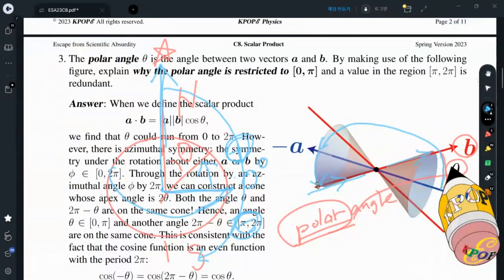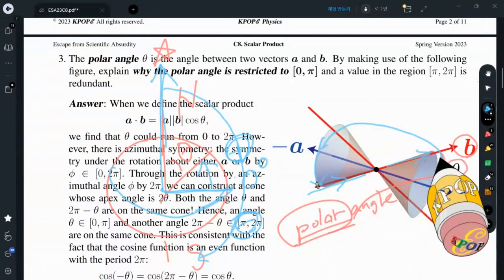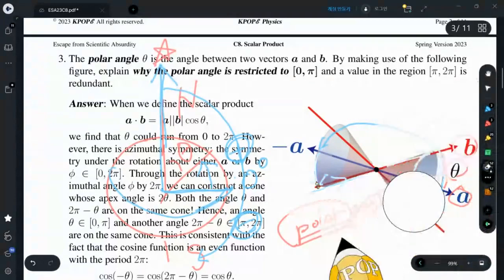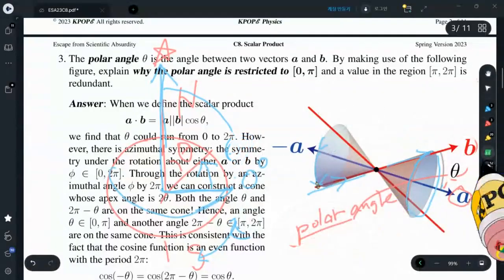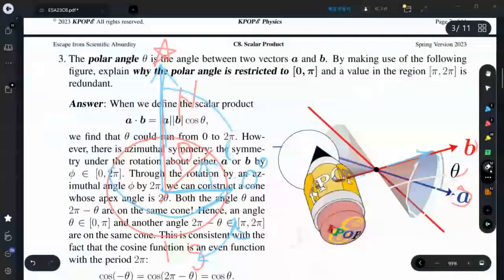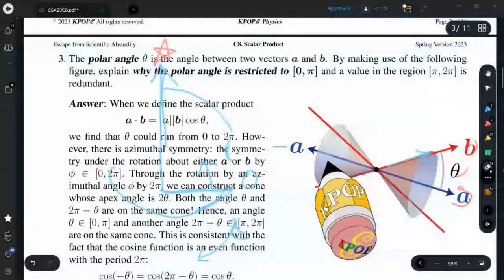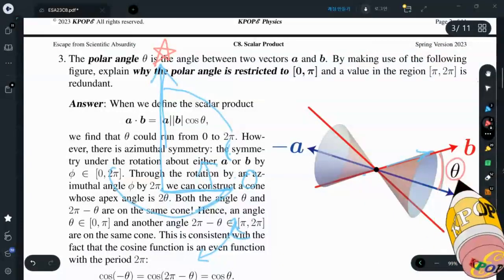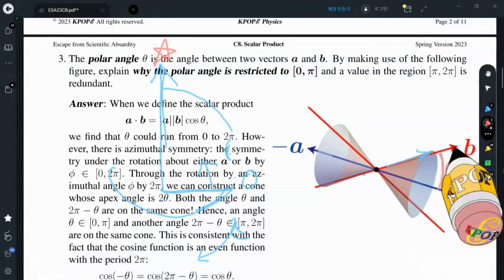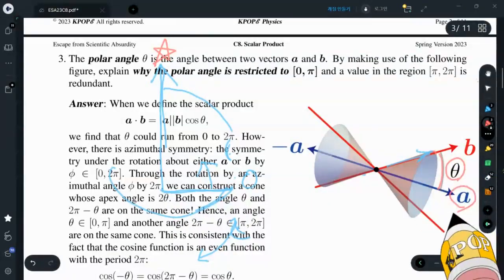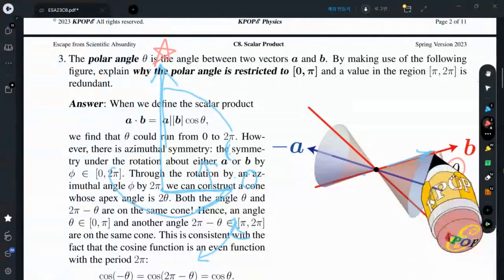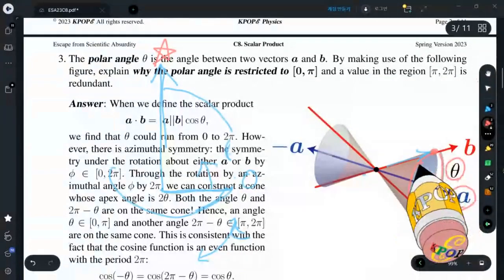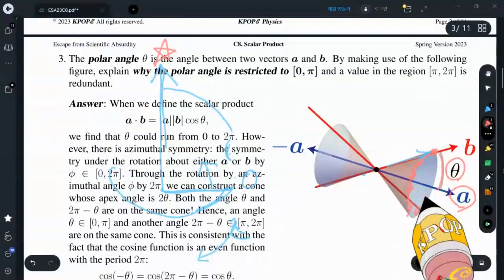In addition, any point in here, I have written a vector B, and we can keep this angle between A and B to be theta, but still I can rotate this one about the axis parallel to A. What happens? This B can rotate. This tip can rotate on a circle.